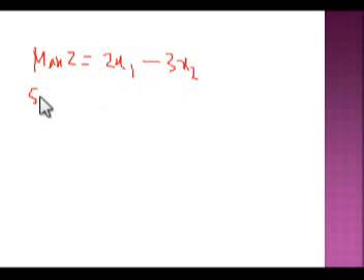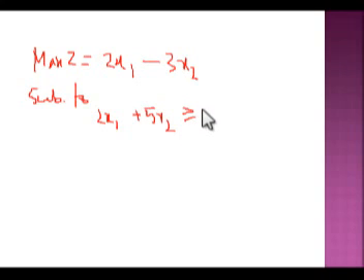Subject to, there are two constraints given: 2x1 plus 5x2 greater than or equal to 10, as a constraint is greater than or equal to, and another constraint is 3x1 plus 8x2.